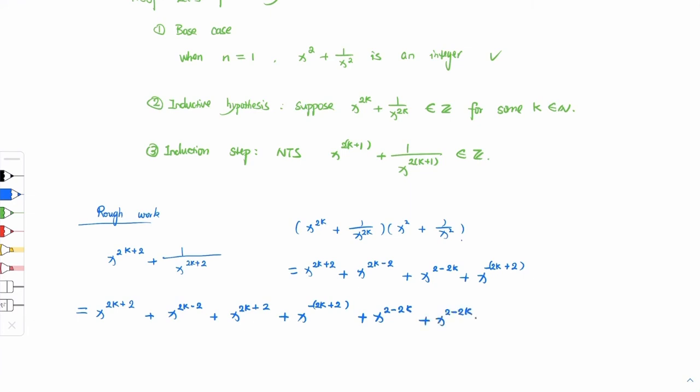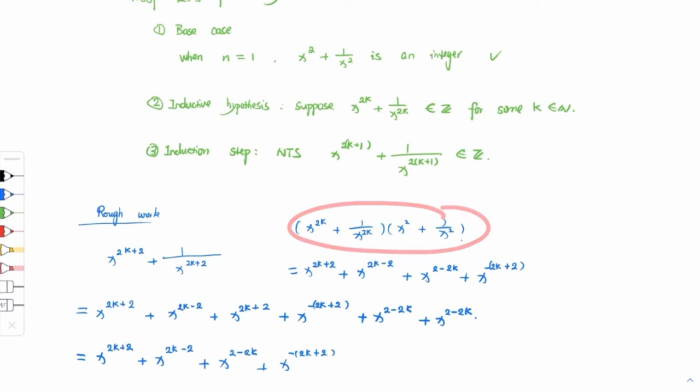Okay, so I got all of those by multiplying them together. So that's going to be x to the 2k plus 2, plus x to the 2k minus 2, plus x to the 2 minus 2k, plus x to the negative of 2k plus 2. So I know those four terms will give me the product of those two numbers.